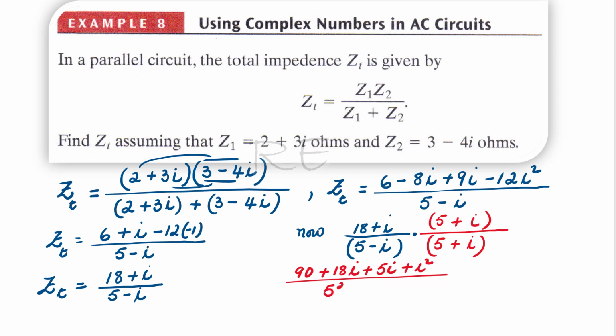The denominator becomes the sum of two squares, 5 squared plus 1 squared.